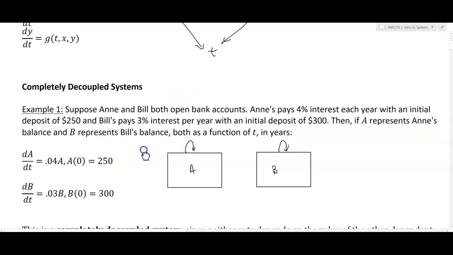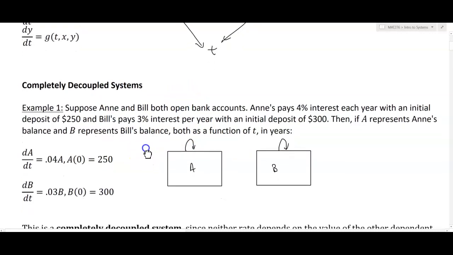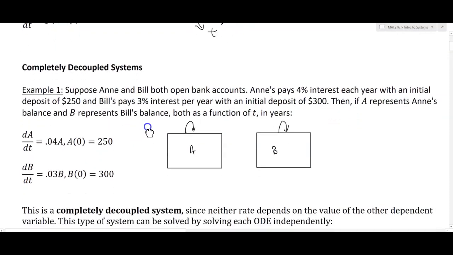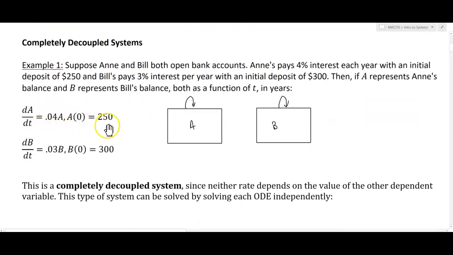It just so happens that they both model balances, and so it makes sense for us to analyze them collectively, especially if we want to compare their balances over time. We see that Ann's money is growing faster, but she has less to start. Bill's balance is growing slower, but he has more to start. So we want to maybe analyze what's going to happen to their balances in the long run. So this is a completely decoupled system since neither rate depends on the value of the other dependent variable.